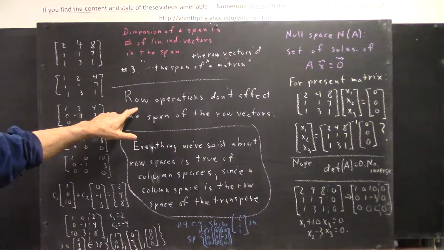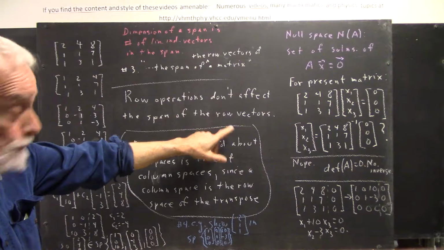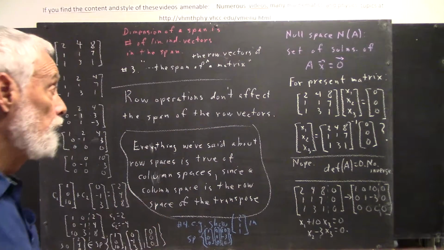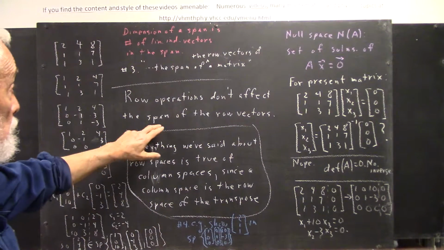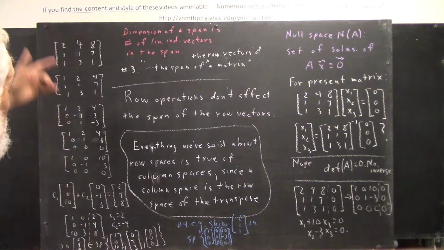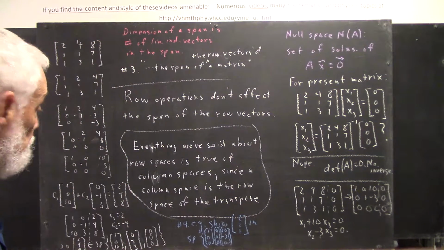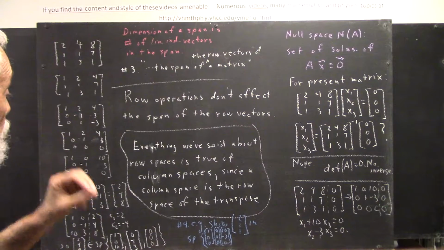So my statement here is that row operations don't affect the span of the row vectors. Turns out they don't affect the span of the column vectors either, but we'll get to that in a minute. So the span of the row vectors of this matrix and the span of the row vectors of this matrix are identical.